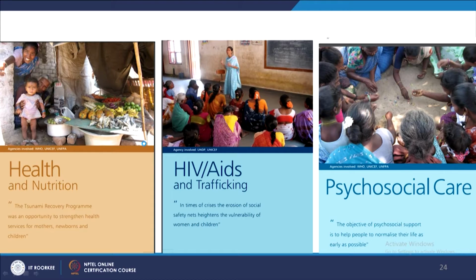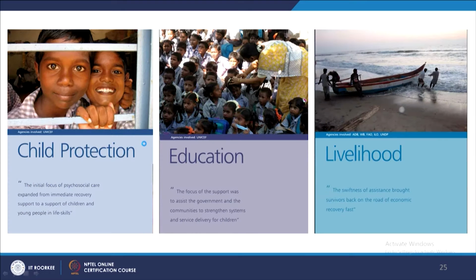How could women who lost their husbands be encouraged toward alternative livelihood systems, and how could health and nutrition be provided for children? As I said, in child protection, how could child labor and orphan children be protected, and how could their psychological conditions be improved by providing better education systems?